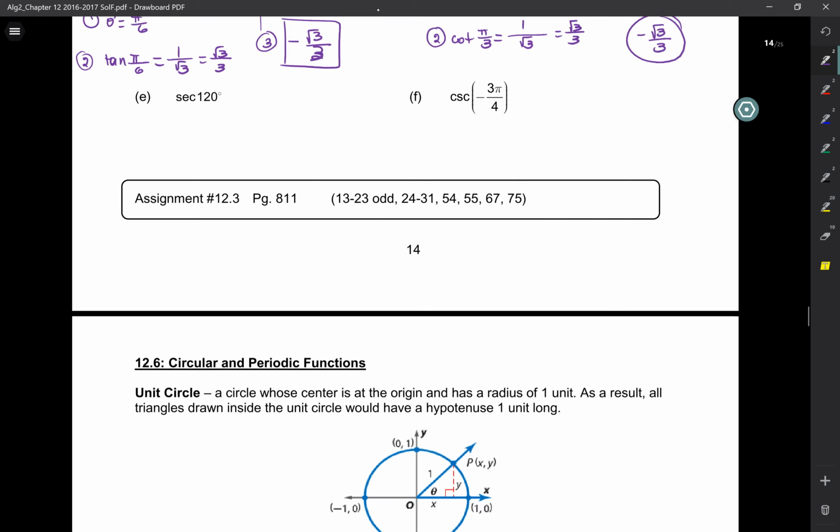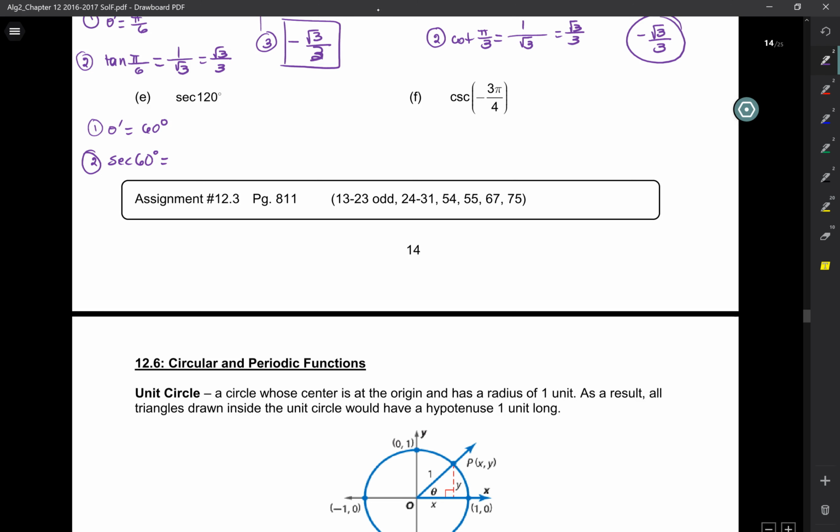All right, secant of 120. What's the reference angle for 120? Okay. What's secant of 60 degrees? It's the reciprocal of the cosine.